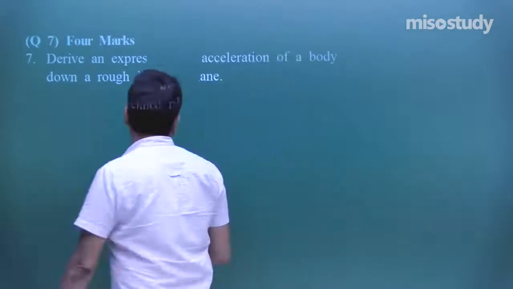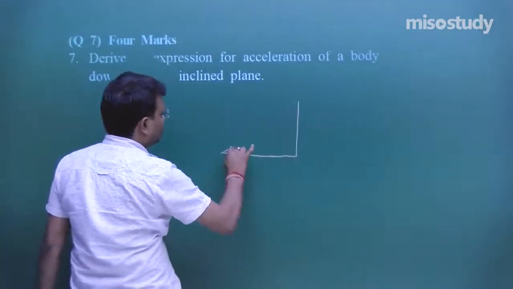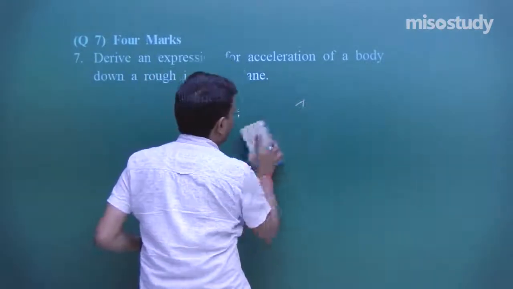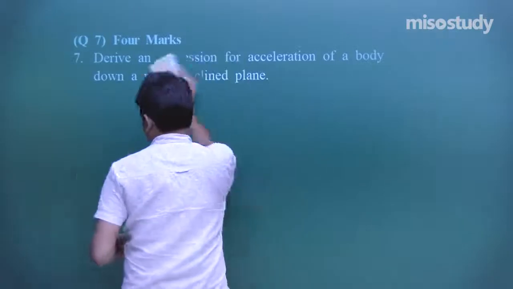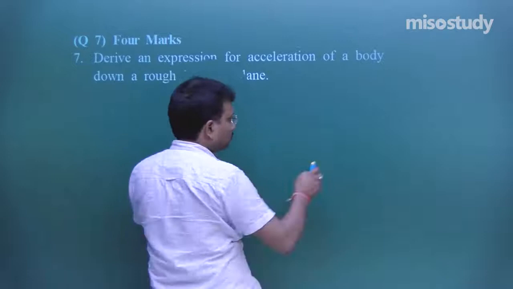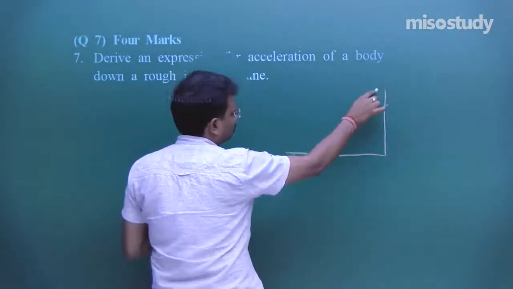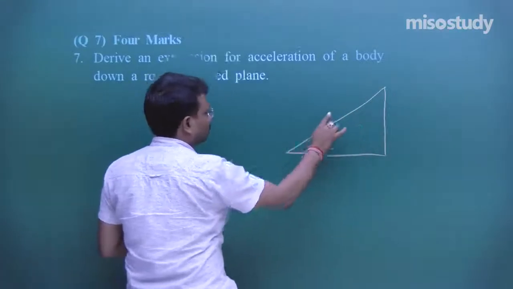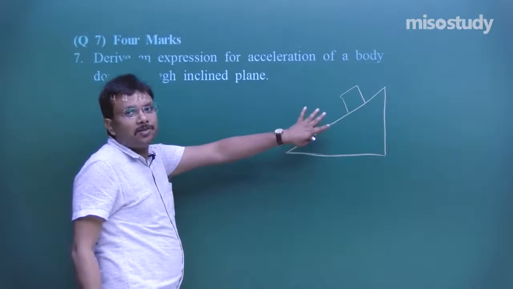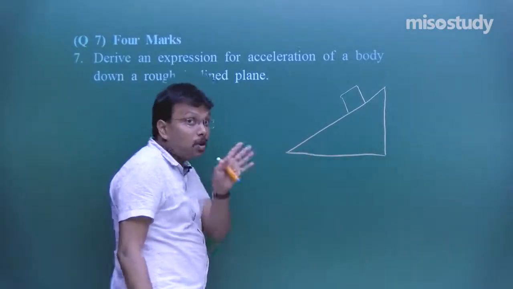Please take a look. Let's say this is a block and it is placed on this inclined plane, and this surface is rough surface, not smooth.